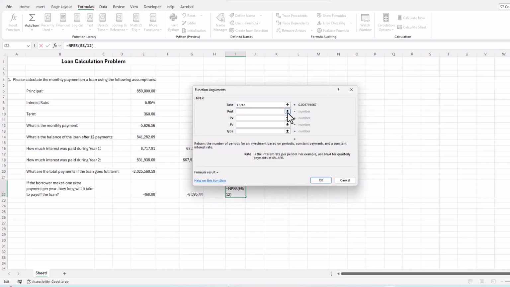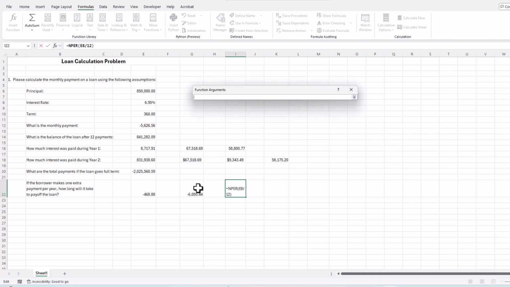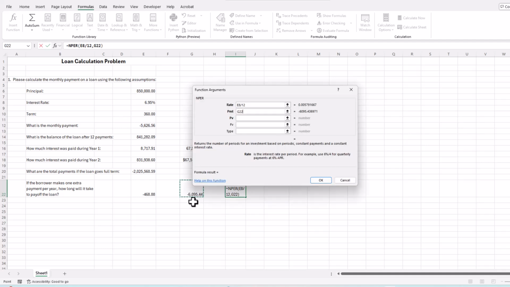What is the payment? Oh, that's this. This is 6,000. We're going to make that payment. Okay, and the present value. Well, that's 850. That's the starting number.